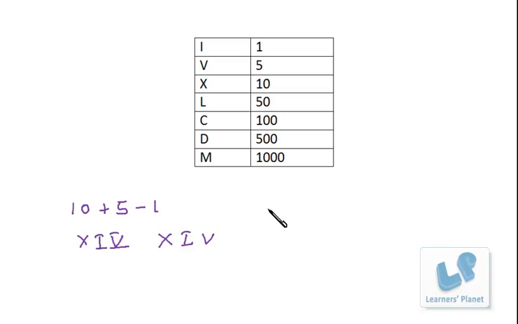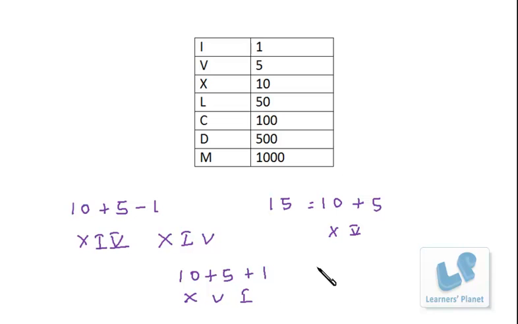Similarly, if I have to write 15, it is 10 plus 5, so it's XV. Similarly, if I have to write 16, then it will be 10 plus 5 plus 1, so it's XVI.